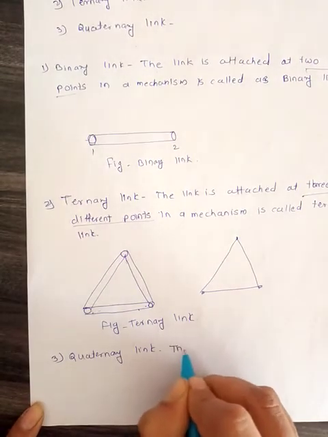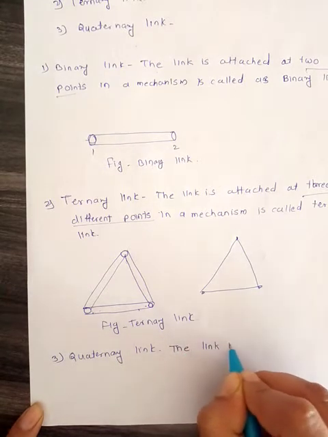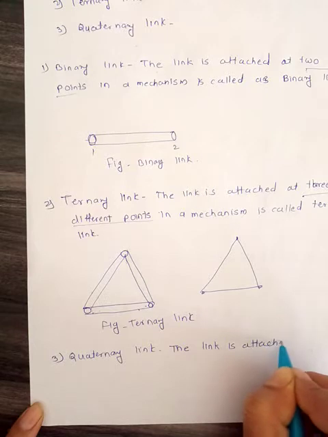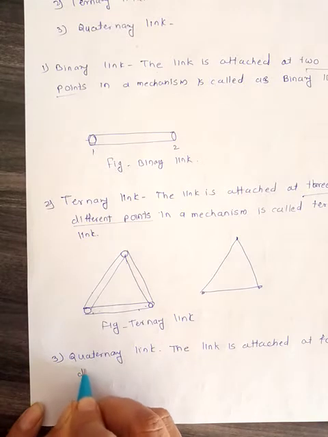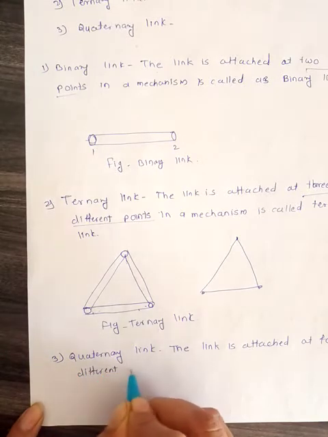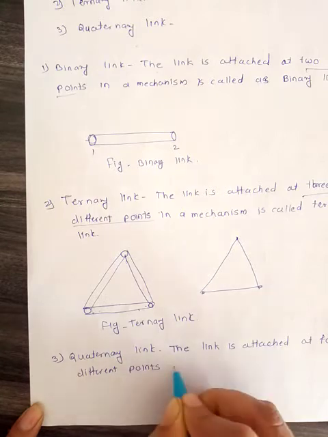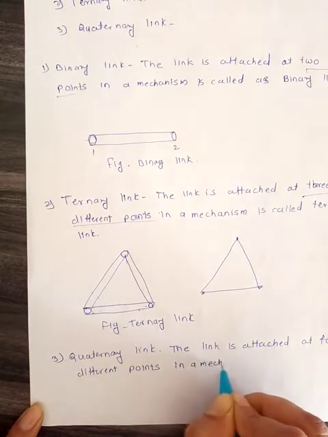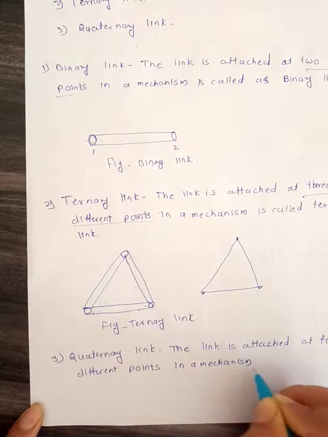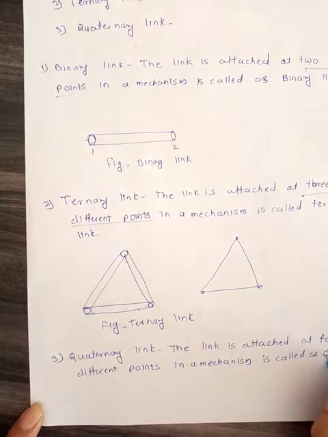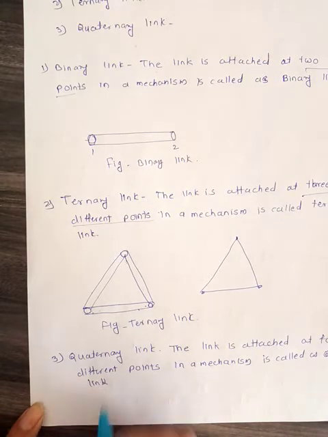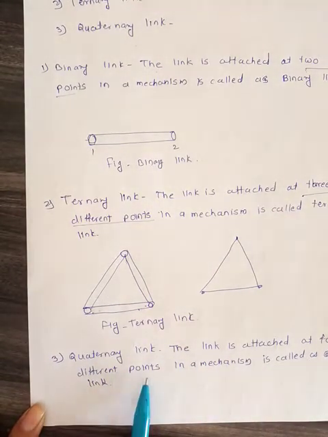A link which is attached at four different points in a mechanism is called a quaternary link. It means the link is attached at four different points in a mechanism.